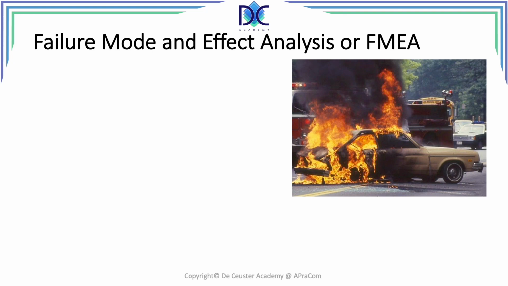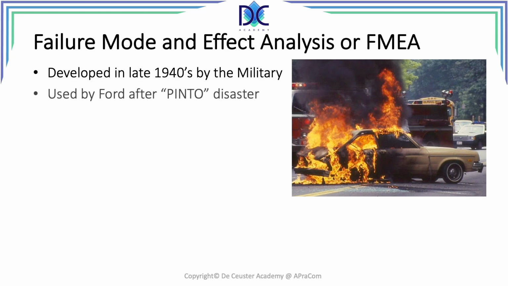And with the smallest collision, the gas tank would explode and people would be killed or burned. After this, Ford was using this method. Now, the FMEA method was developed in the late 1940s by the military to assess ways to develop, let's say, kind of projects and find out what are the possible failures.